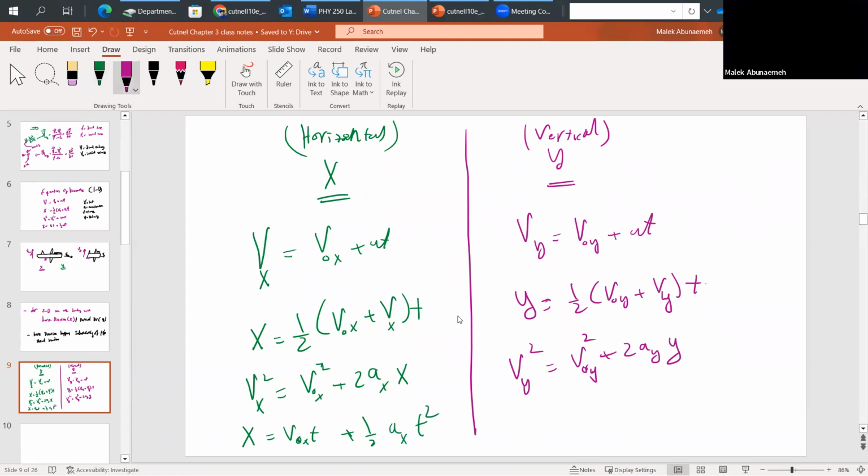If you look at the y, same thing, but in the y direction: y equals V naught y times T plus 1/2 A y times T squared. And that will be your kinematic equations for two dimensions.